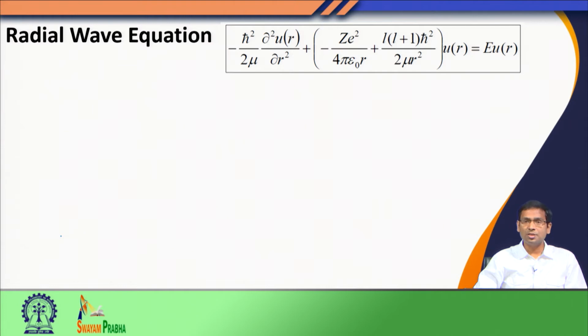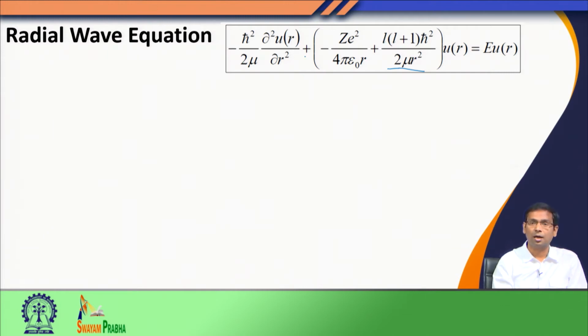We then used this variable separation process on our Schrodinger equation of the hydrogen atom's Hamiltonian, and then we removed the angular component of the wave function, and we introduced a new effective potential which depended on the angular momentum of the electron.